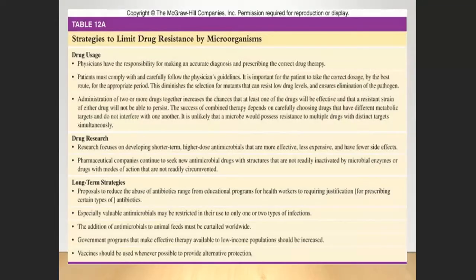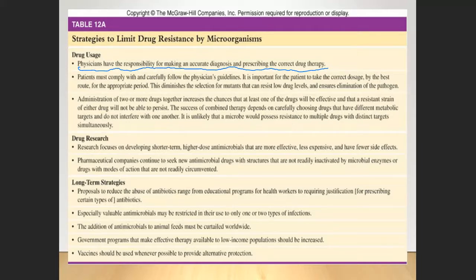Now, this is very important for us and also for physicians and government. So when we use antibiotics or drugs, the physician has to be sure that they're giving the right prescription, the correct drug that will kill or cure the infection.